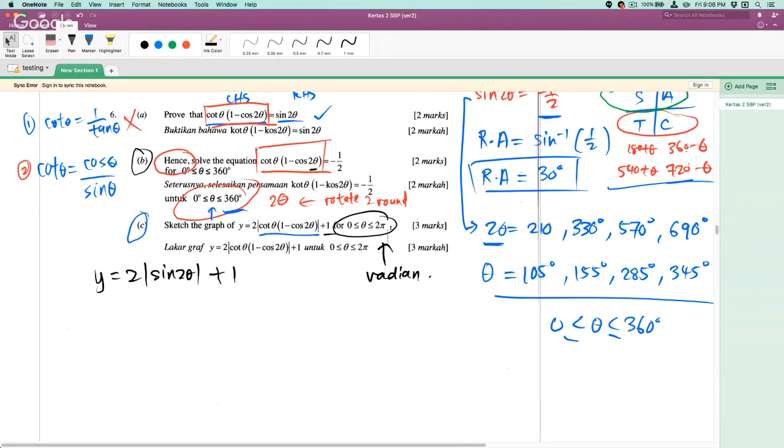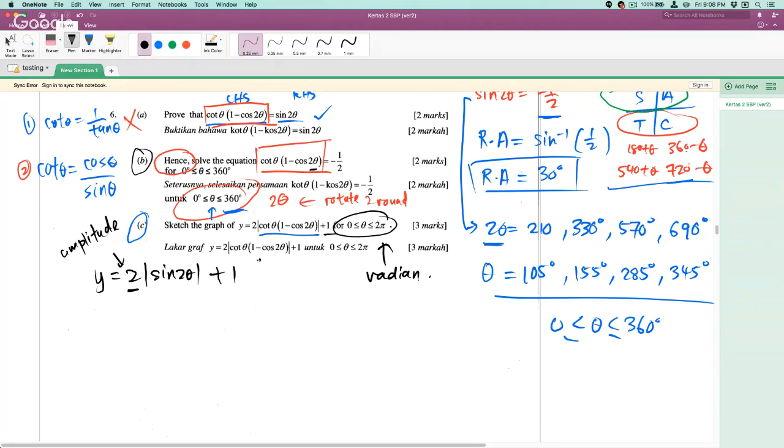Without +1, for 2 modulus sine 2 theta, it is basically the same as 2 sine 2 theta with the modulus. Even if you leave the 2 outside, it doesn't matter. But you have to understand that 2 itself means the amplitude here.